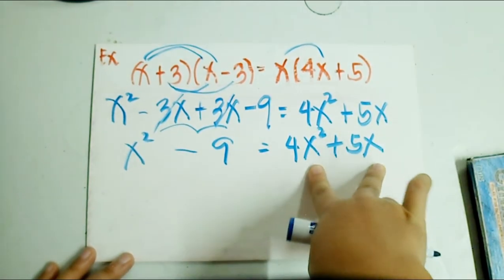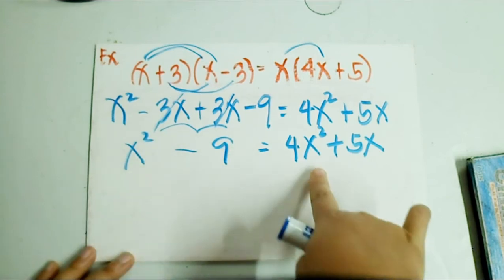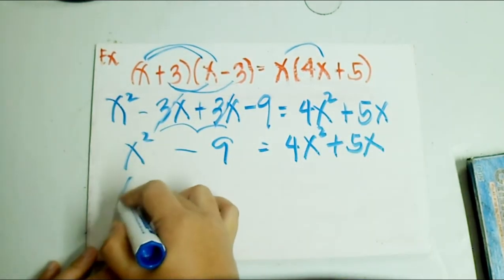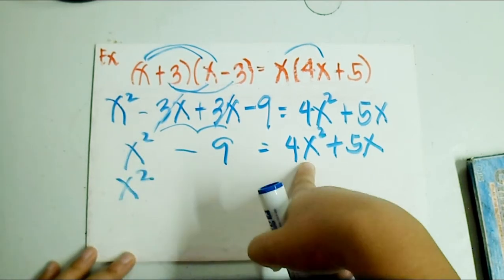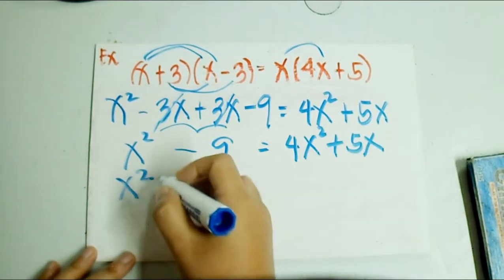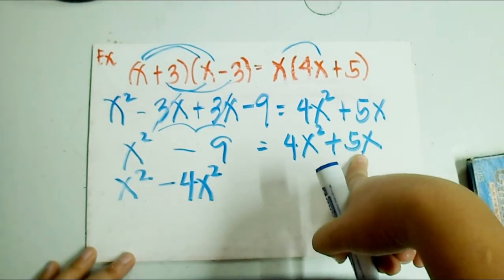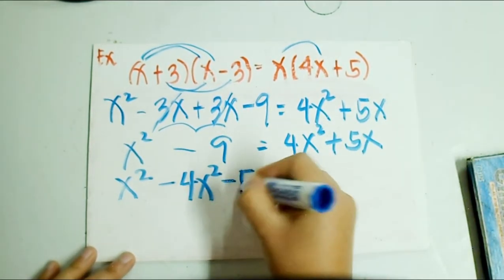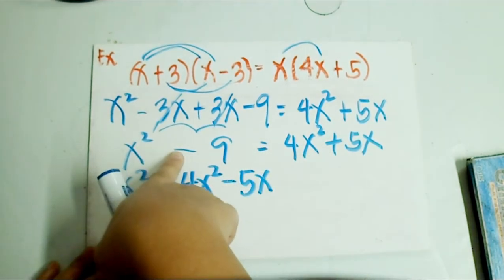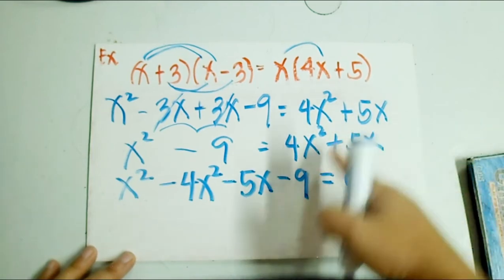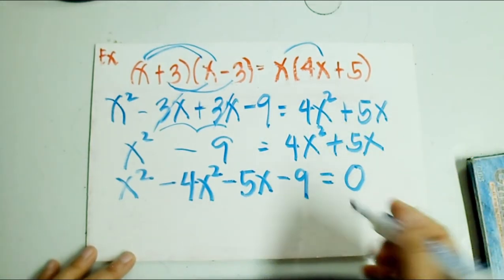We will transfer these two terms to this side. We will place 4x squared beside x squared. So we have x squared, transfer 4x squared, we have negative 4x squared. Then we will transfer positive 5x, that becomes negative 5x. Then copy negative 9 equals 0, since nothing is left on the right side.